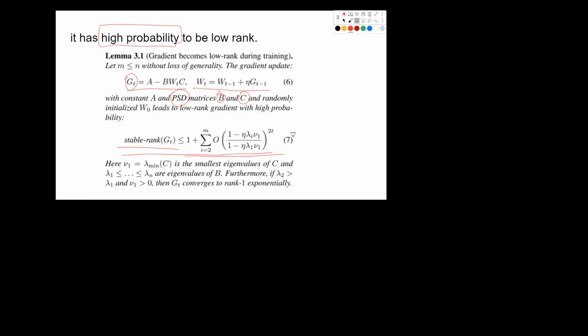The formula tells us that the matrix will be at least rank 1, and lambda 1 will be the largest eigenvalue, and lambda i will be the other eigenvalues. If every term is equal to 1, the rank will be n, so this will be full rank.